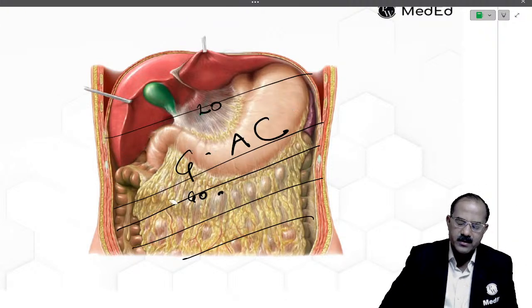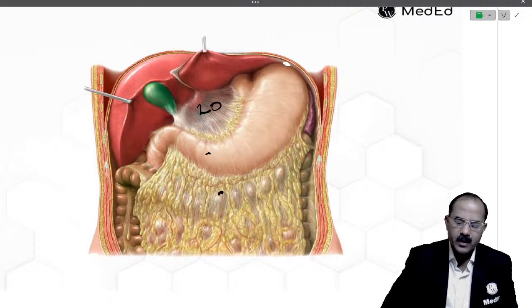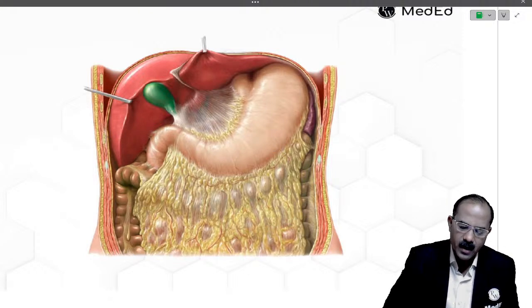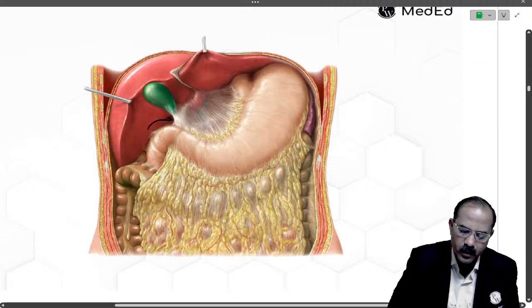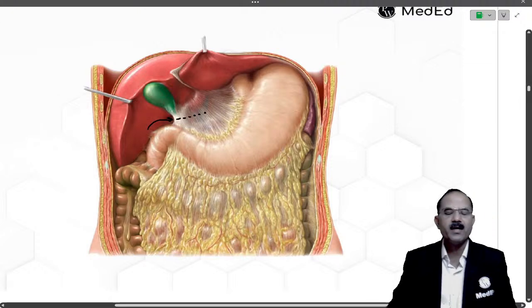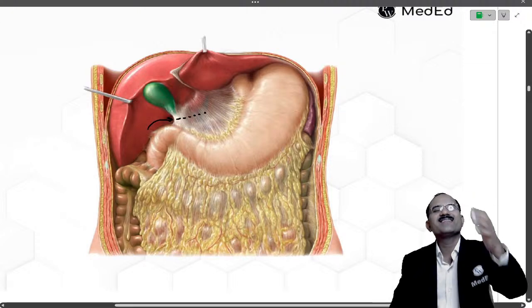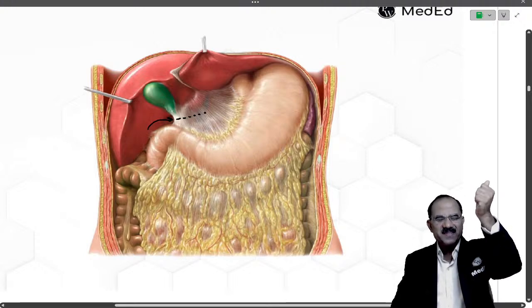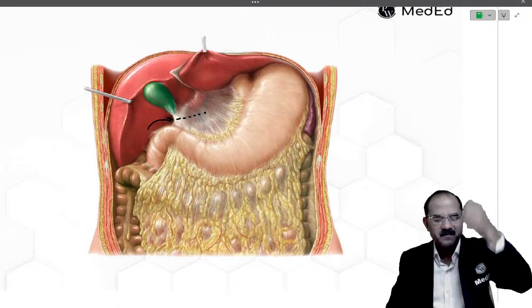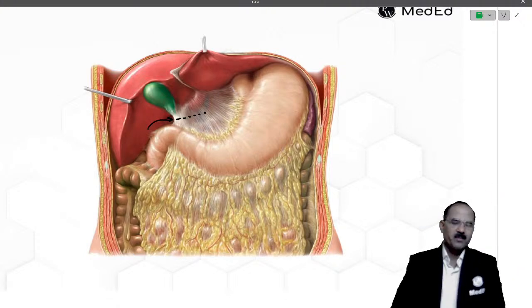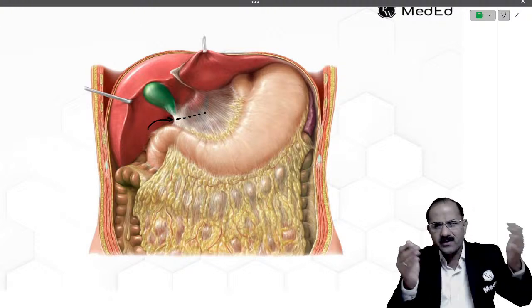From the greater sac, if the fluid has to enter the lesser sac, how does it go? It goes through this foramen behind, the epiploic foramen. I'm just trying to correlate things for you.